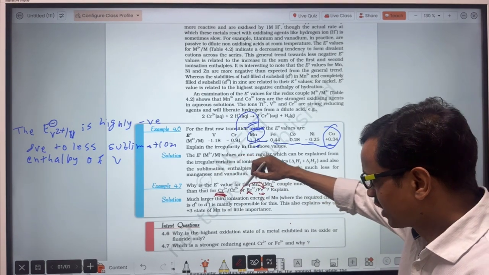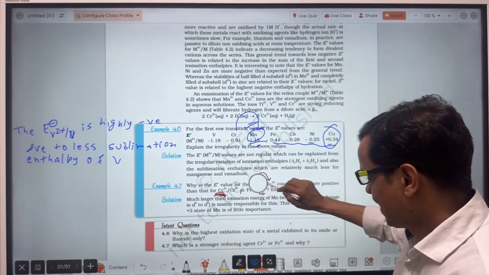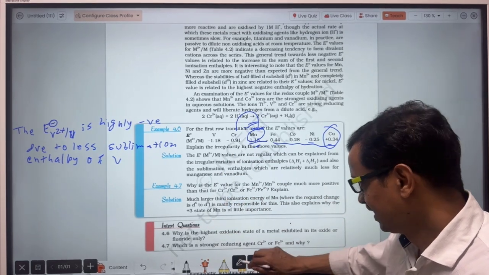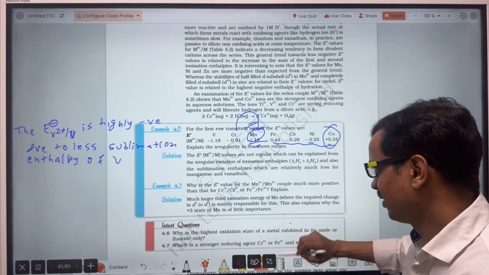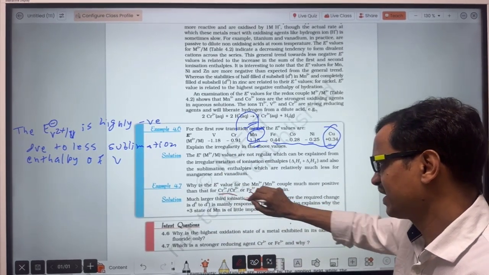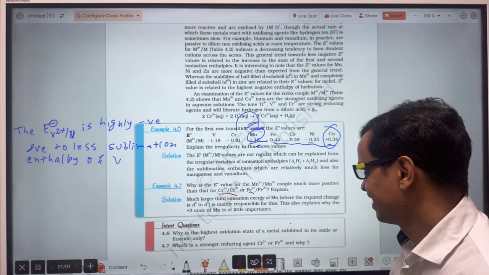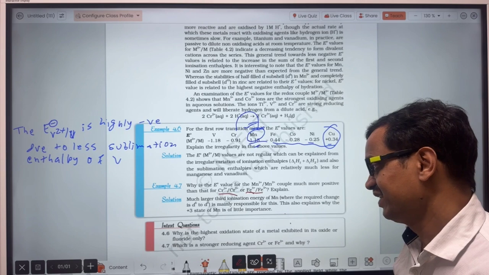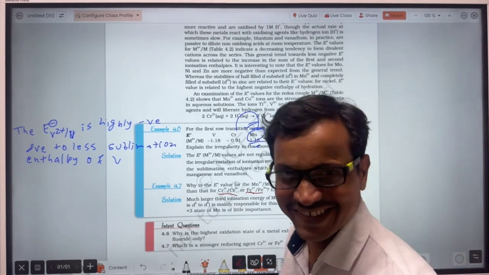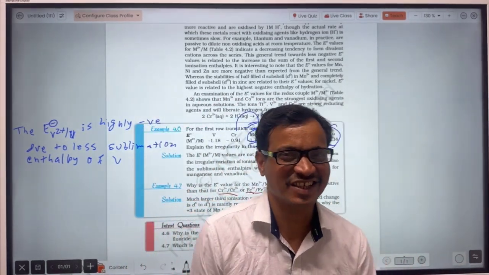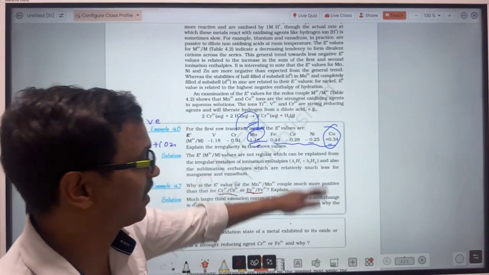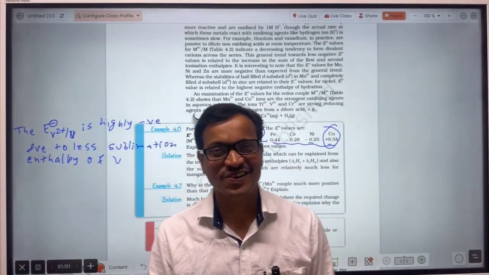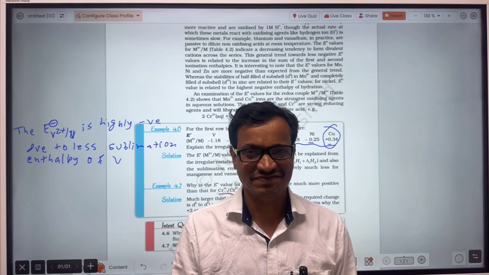That's why the standard electrode potential of Mn3+/Mn2+ is more positive than that of Cr3+/Cr2+ as well as Fe3+/Fe2+. Okay, this one is just like a repetition of the concepts of which you are now already aware.